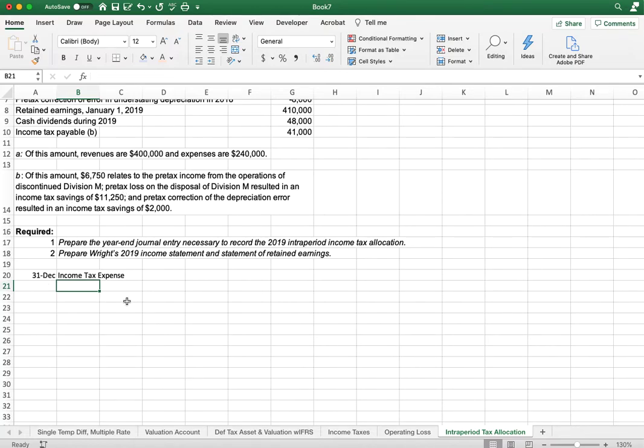So that income from operations of discontinued Division M, our retained earnings, loss on disposal of Division M, and then we'll have our income taxes payable.